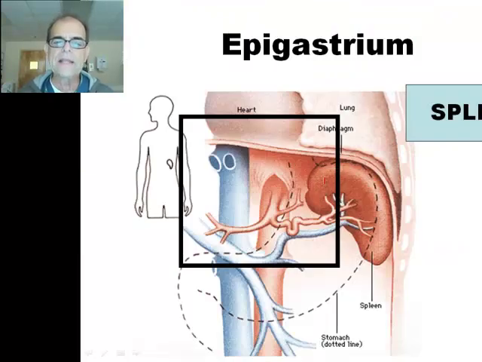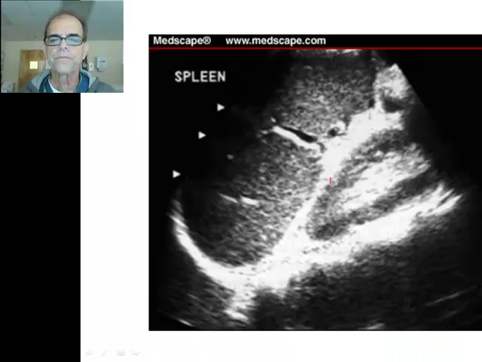The epigastrium has a little part of the spleen in general. Sometimes the tip of the liver or left lobe and the spleen touch together in the epigastrium, but the spleen is an organ that is more in the left hypochondrium.